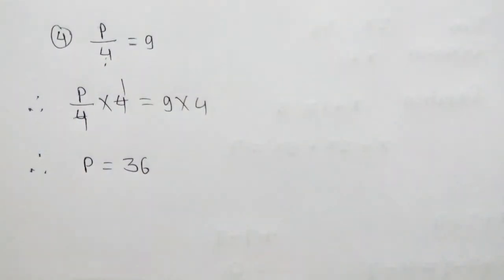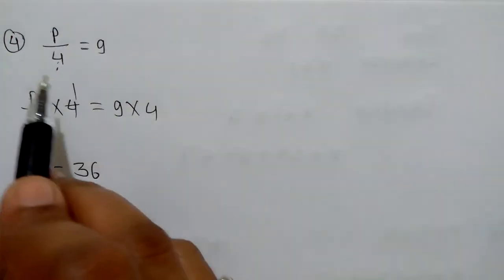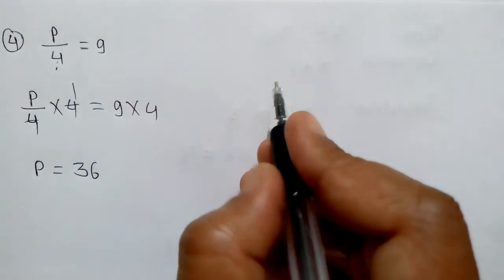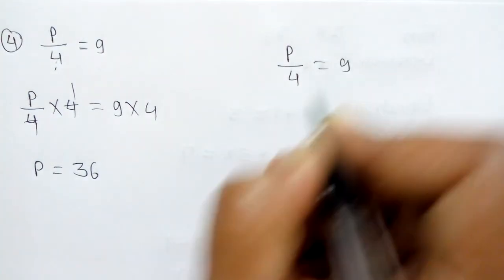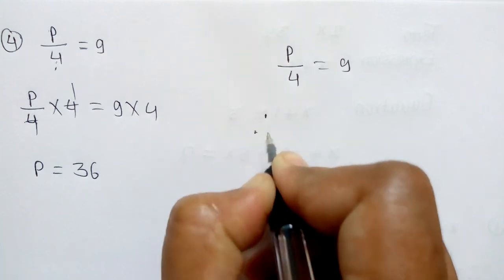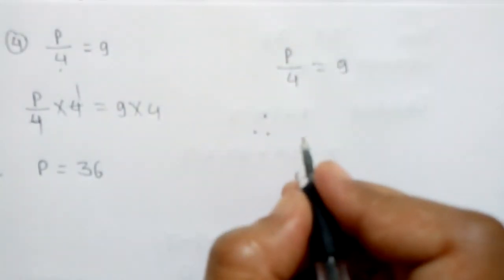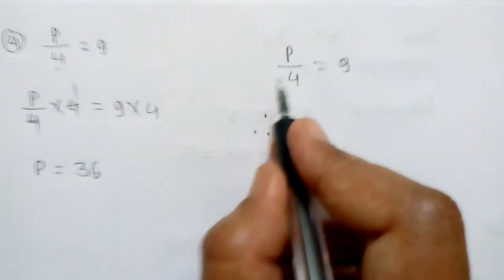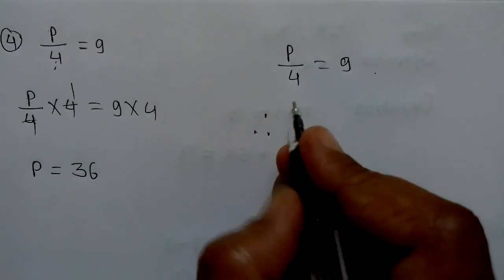Same with the second method, but here we will transfer this 4 to this side. See, p upon 4 is equal to 9. We have to send this 4 to the right hand side. While sending, on this side it is divided, and when it goes to the right side, it will be multiplied.